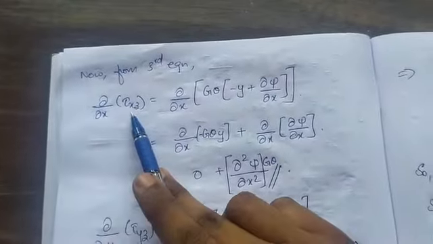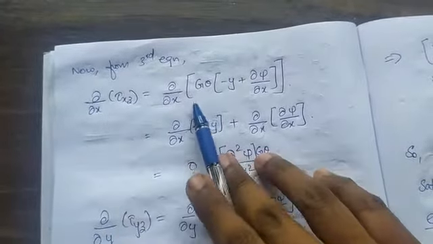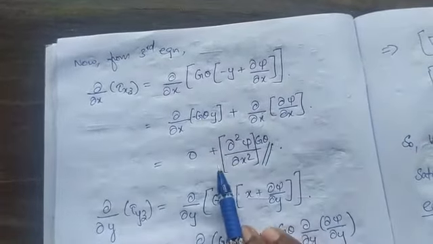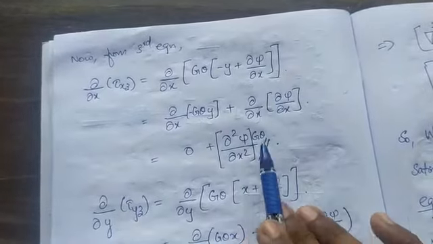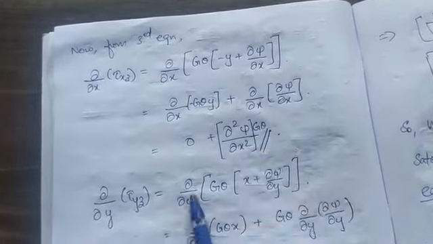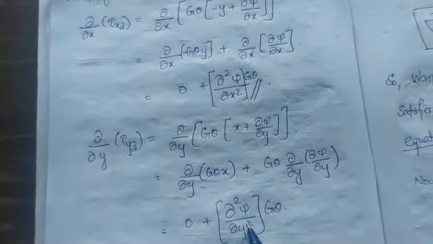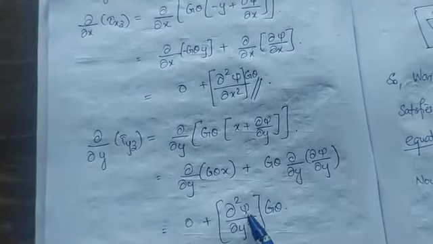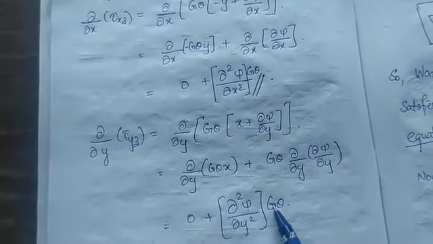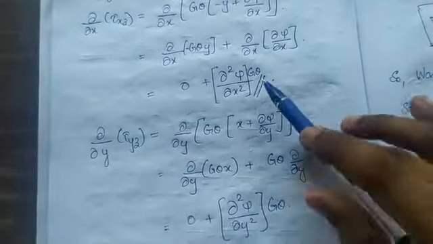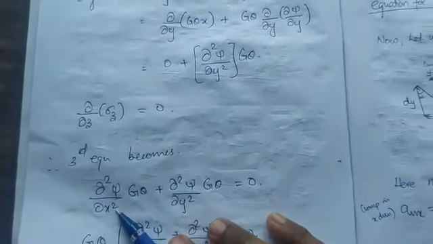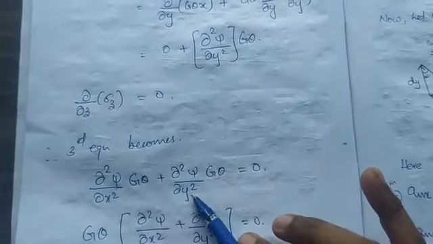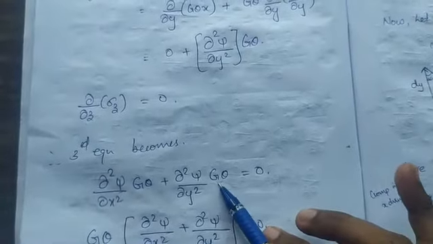The third term, tau xz, if you differentiate it with respect to x, you will get dou square psi by dou x square into G theta, and tau yz becomes dou square psi by dou y square into G theta. This is psi, sorry, not phi. If you add these two equations, you get dou square psi by dou x square into G theta plus dou square psi by dou y square into G theta equal to 0.